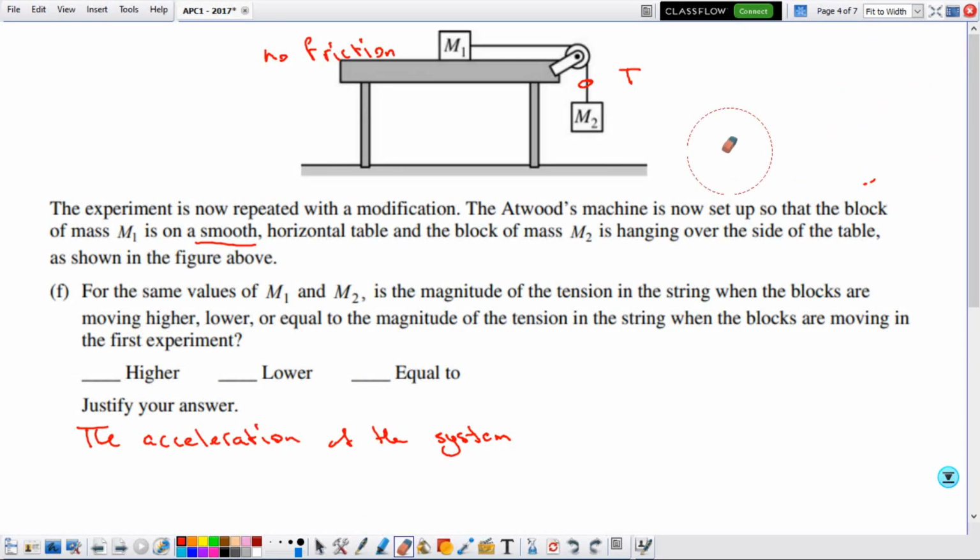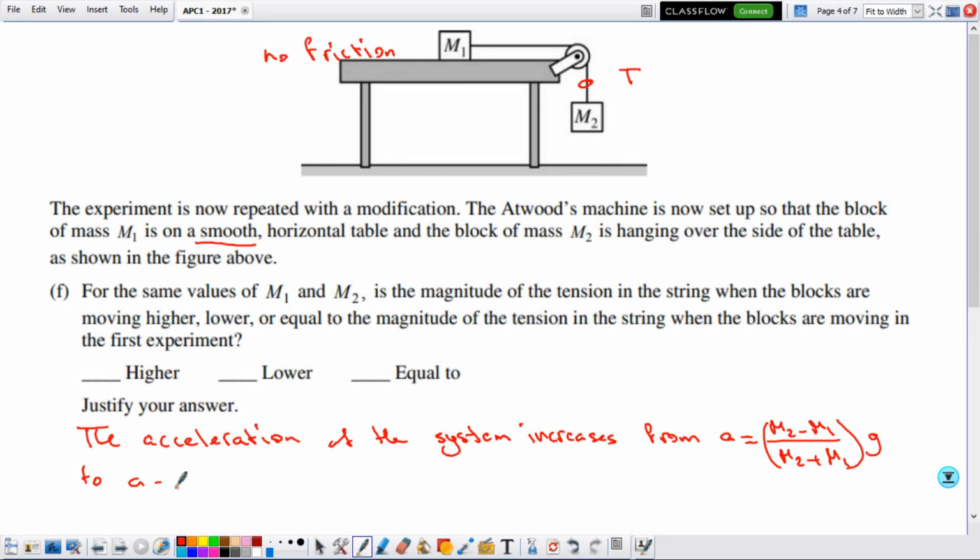So I will claim that the acceleration of the system increases from a equal (m2 minus m1) divided by (m2 plus m1) multiplied by g to a value given by a equal m2 over (m2 plus m1) multiplied by g.